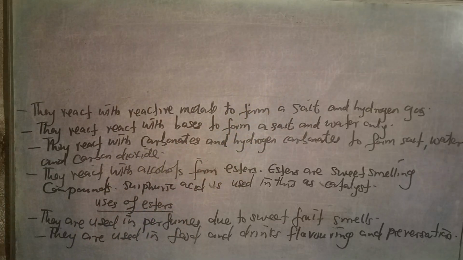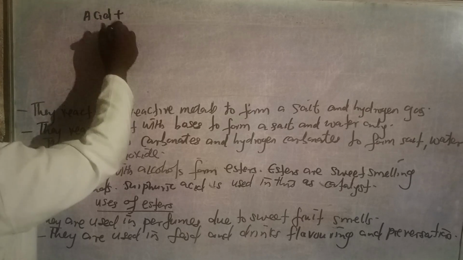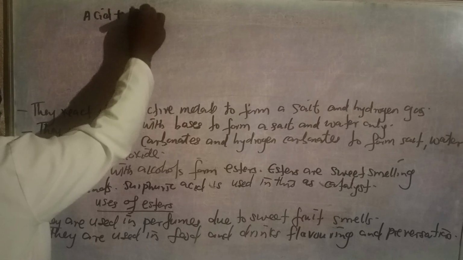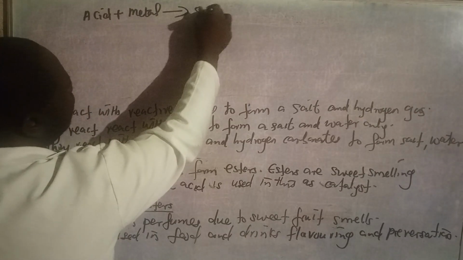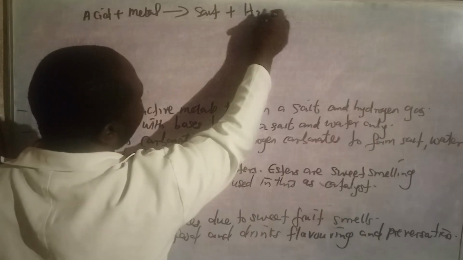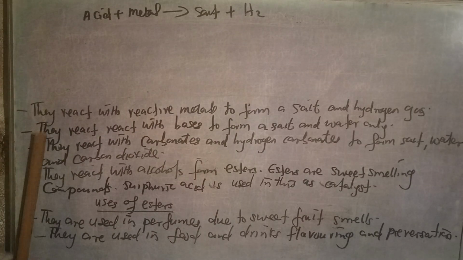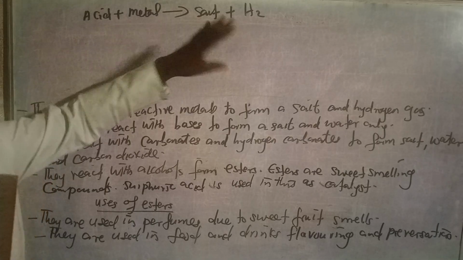So when you have an acid plus a reactive metal together, the product is what? The salt plus hydrogen gas. So when acid reacts with metal, the product is salt and hydrogen gas.